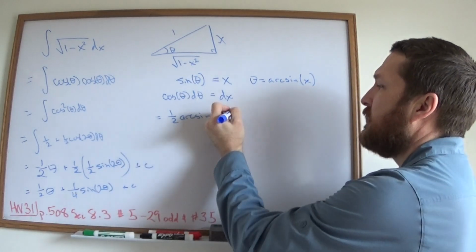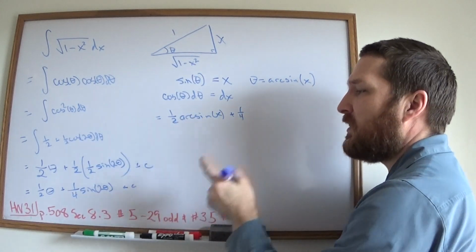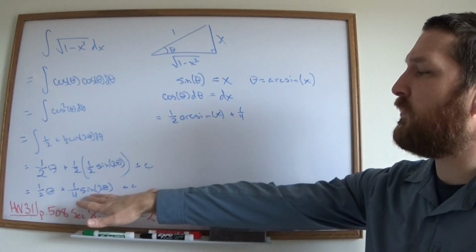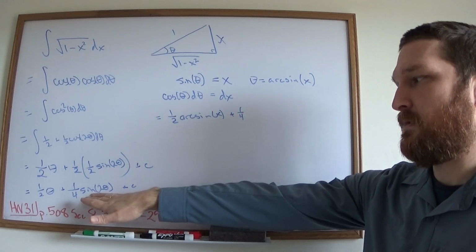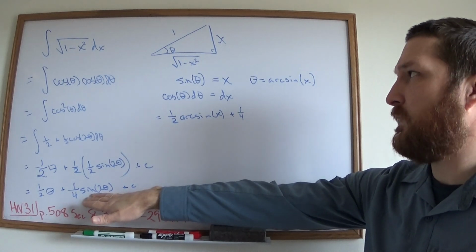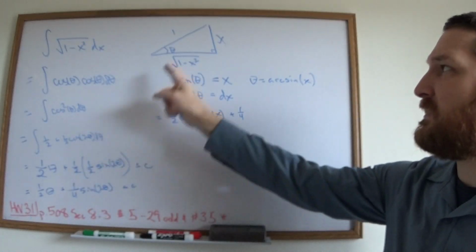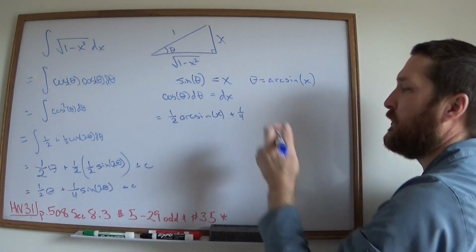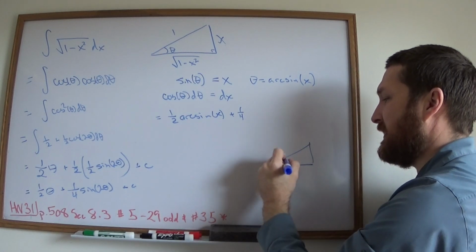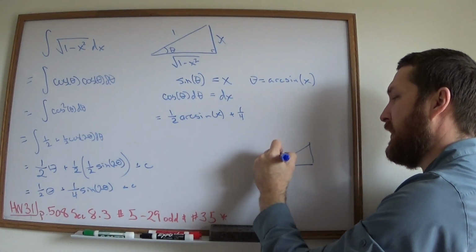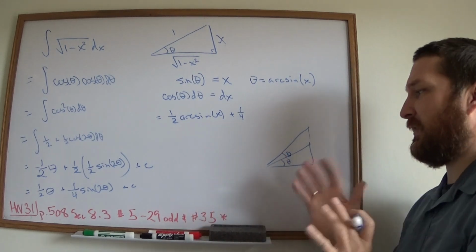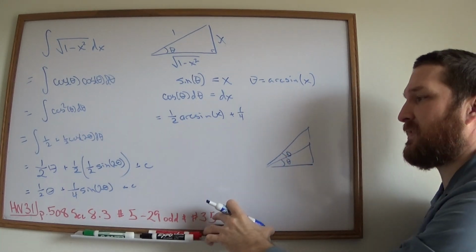Now, plus 1/4 sine 2 theta. Here's where we're going to have to use a trig identity. 2 theta has nothing to do with this triangle. You could try to figure out what these would be if you extended this. Here's theta, maybe you add on another theta and then do some kind of crazy geometric stuff. Yikes.